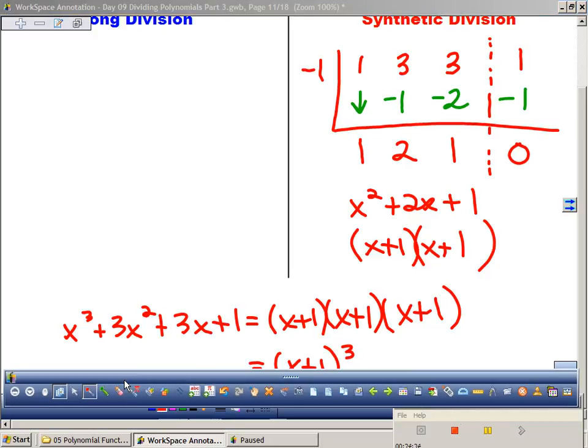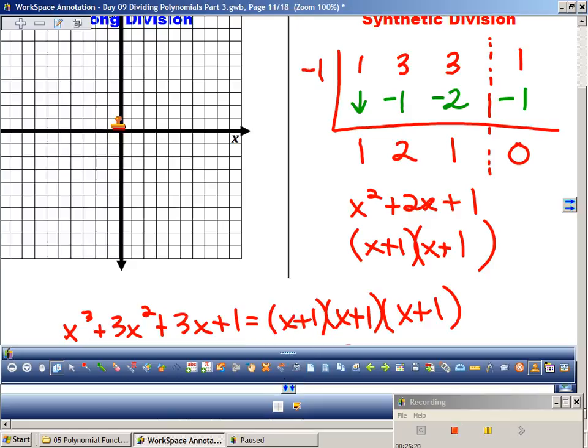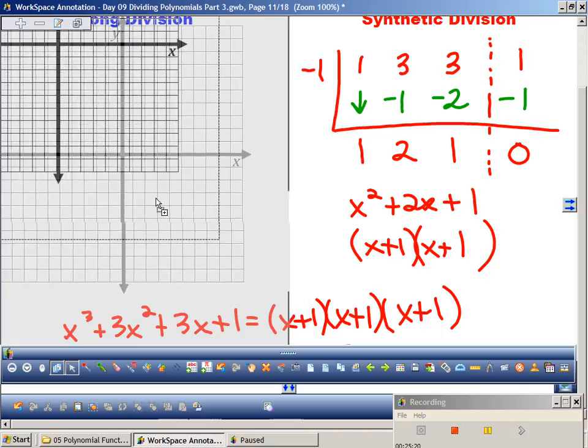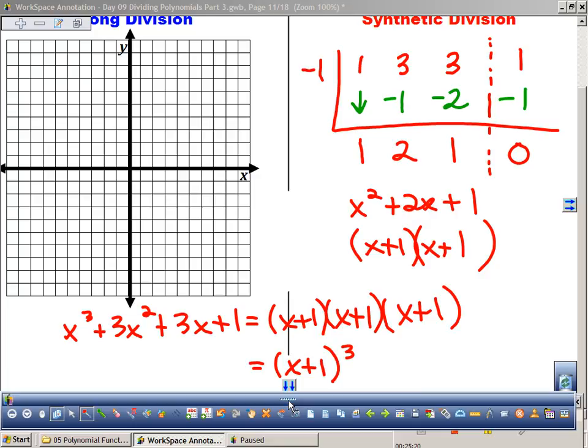What's that look like on a graph? What would x plus 1 cubed look like?